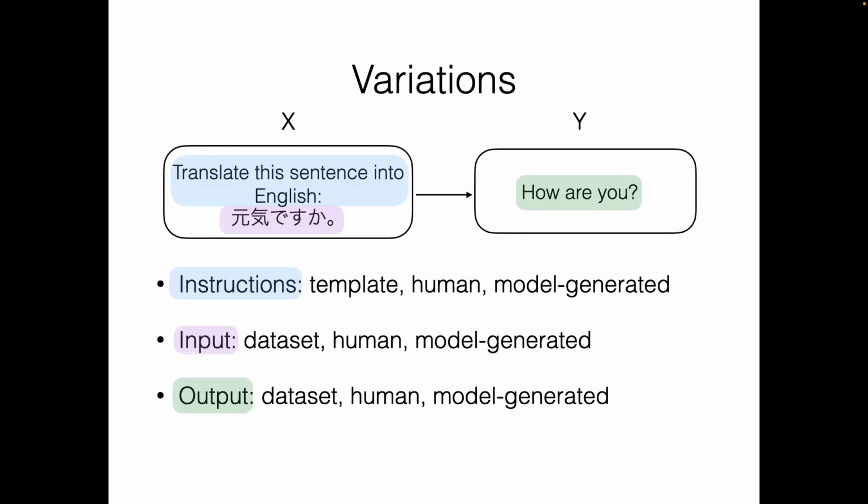Let's take a look at a few examples. The other variation is the domain that you care about. You'll have these instruction following data sets for general domains. People also make specific ones for code, if you want a code assistant, or specific data sets for math or for chatbots and so on.